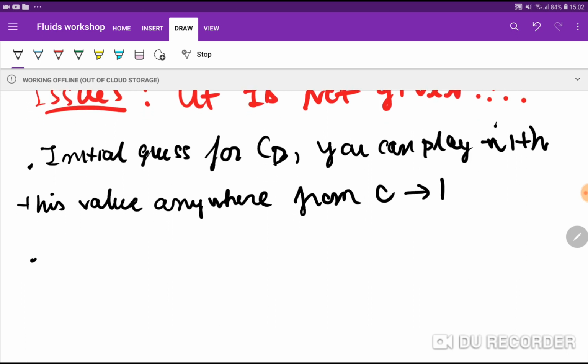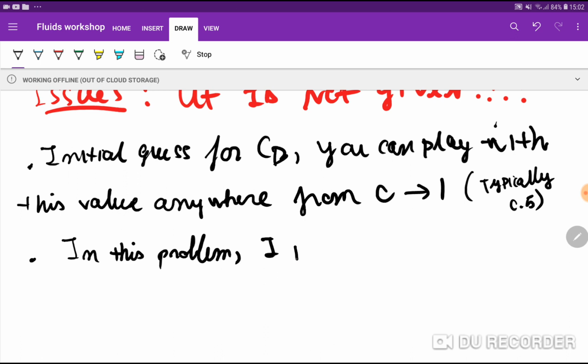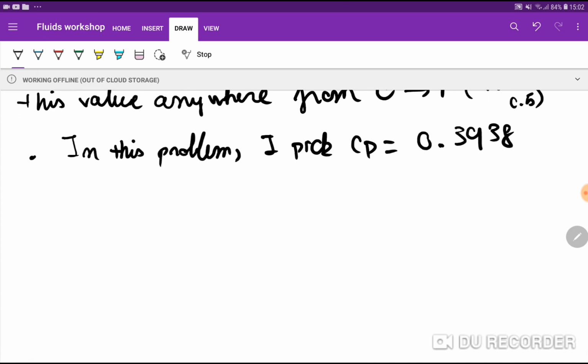I would say typically 0.5. In this problem, I pick the drag coefficient to be 0.3938. Okay, this is how you're going to start with the initial guess.